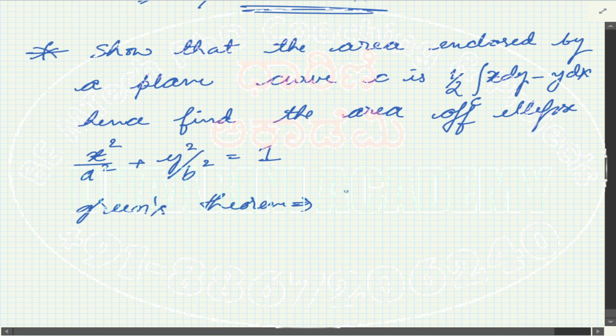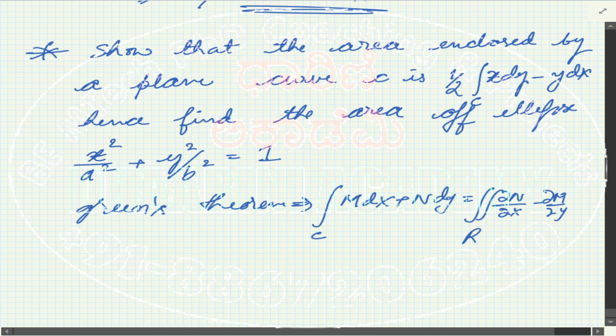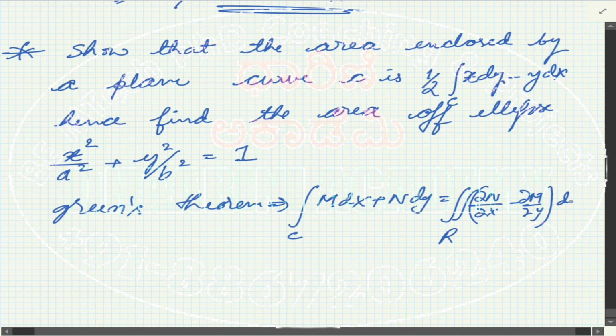It states that integral over C m dx plus n dy should be equal to double integral over a region R of dou n by dou x minus dou m by dou y into dx dy.